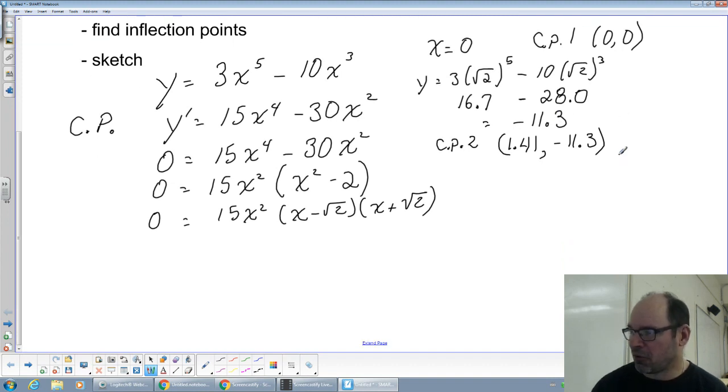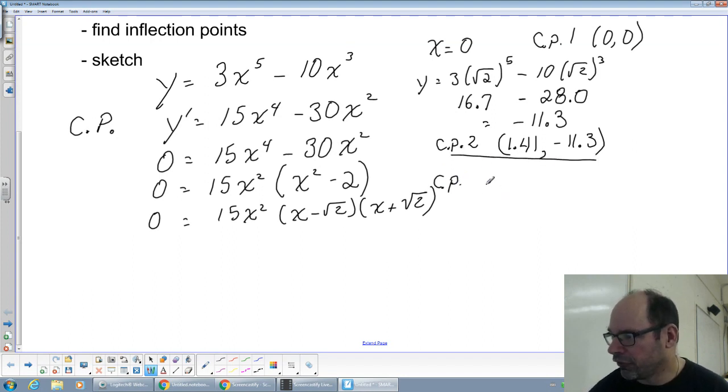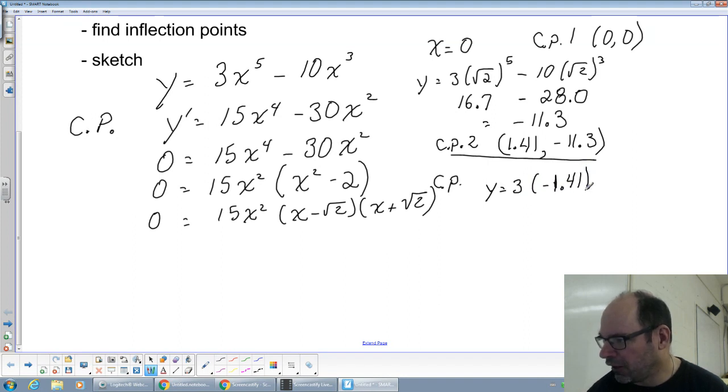Then we do critical point 3, which will be very similar. It'll be negative root 2. So critical point 3: there's 2. We're going to go y equals 3 times negative 1.41 to the power of 5 minus 10 times negative 1.41 to the power of 3.